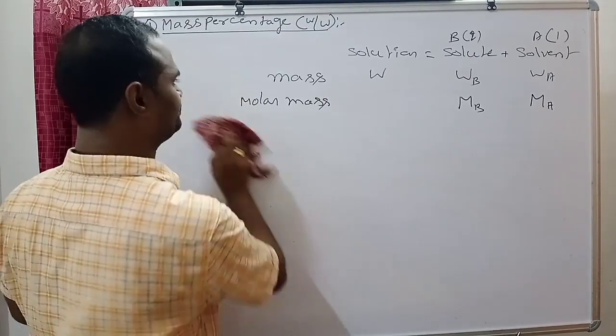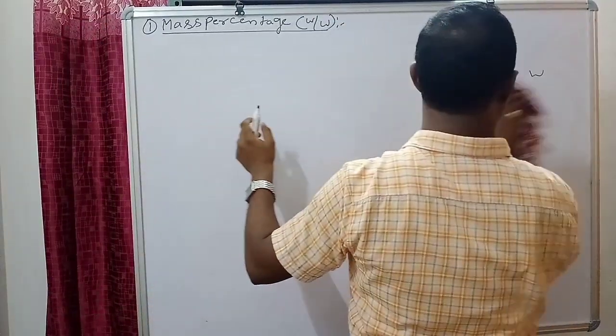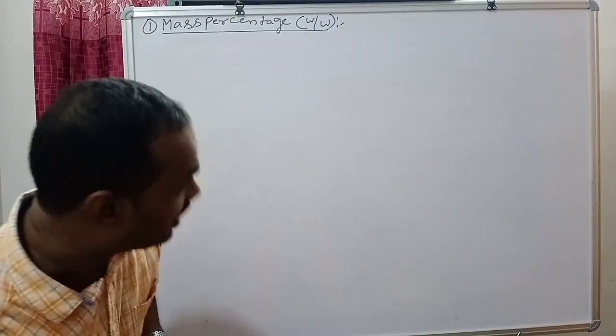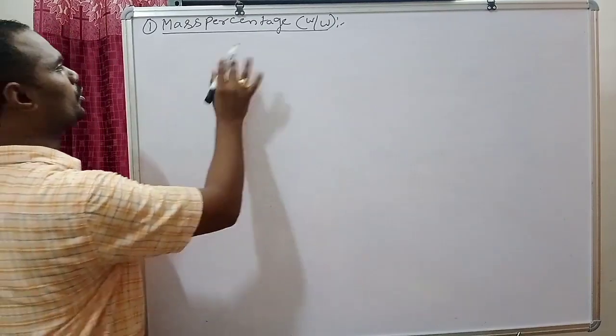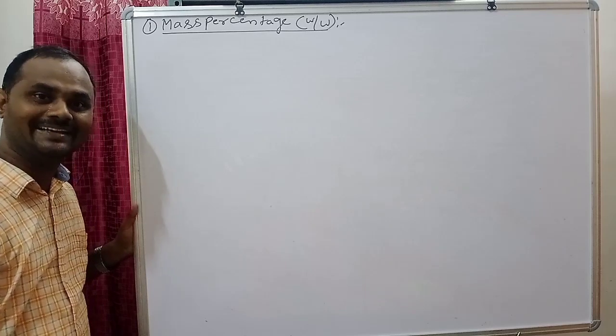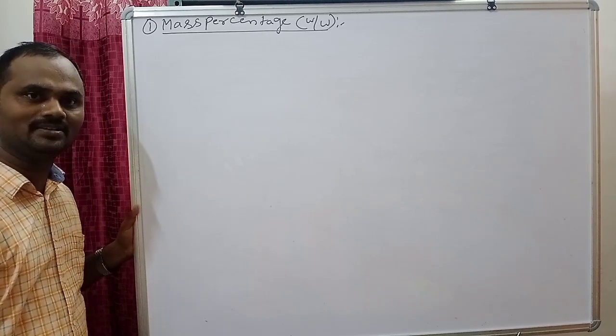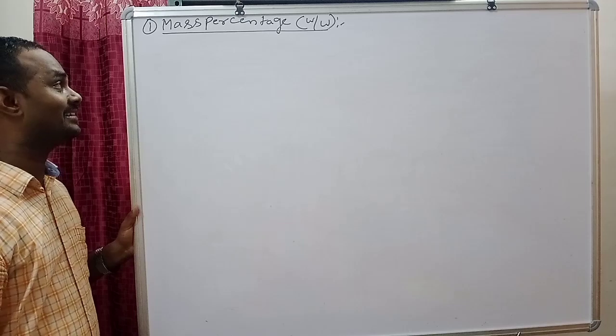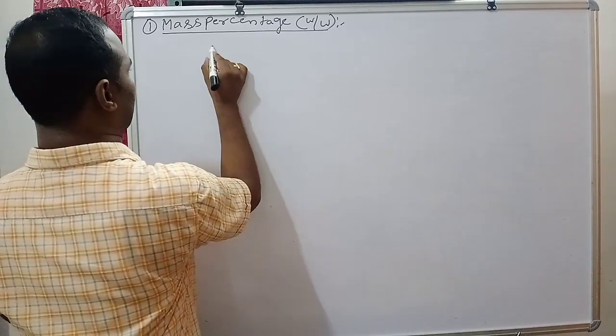Now come to the first concentration term, that is mass percentage. How to define mass percentage? The amount of solute in grams dissolved in 100 grams of solution is called mass percentage.